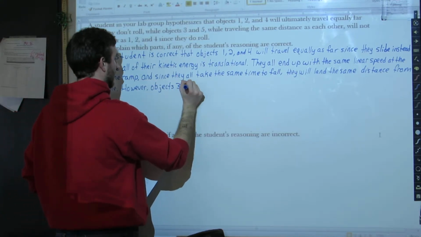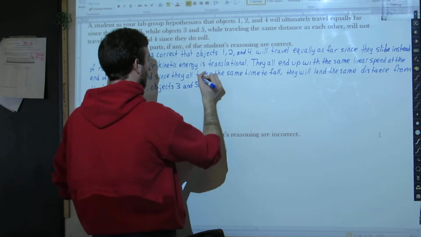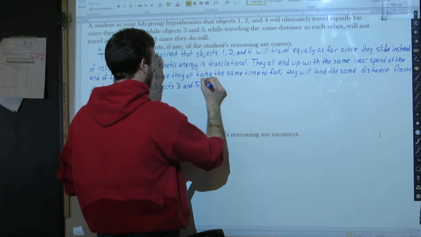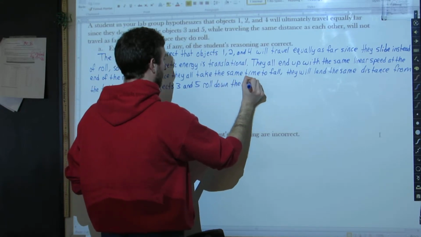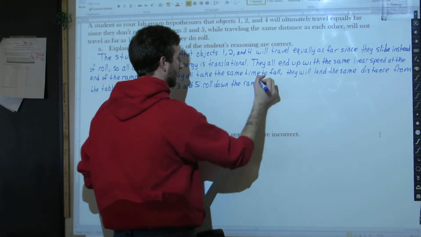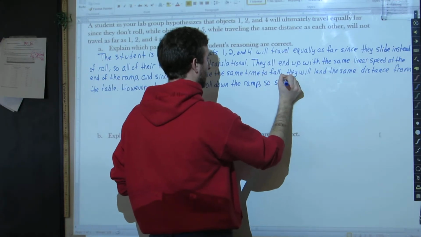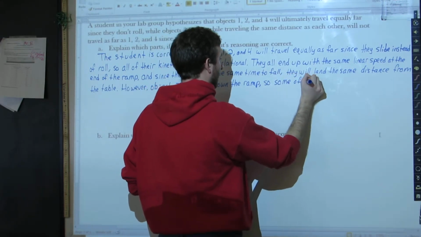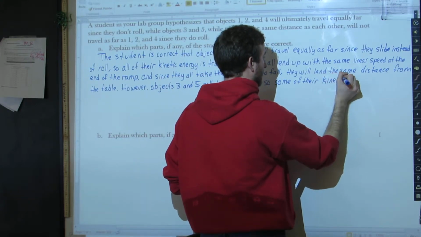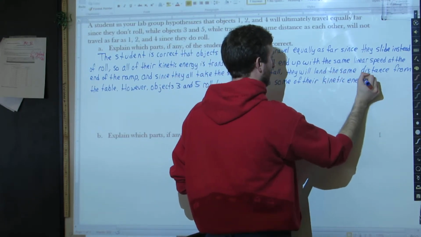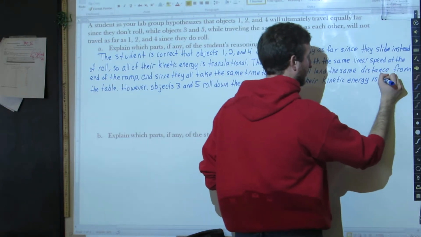objects 3 and 5 roll down the ramp, so some of their kinetic energy is rotational.